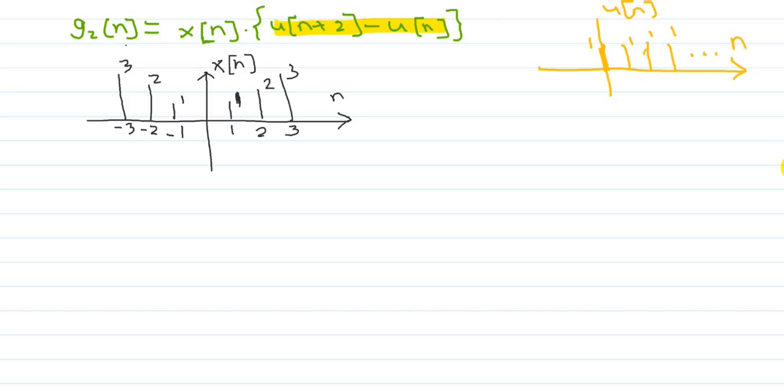Now what we need to do here, first of all, is to find u of n plus 2. U of n plus 2 means I need to shift my signal left by 2. If I shift my signal to the left by 2, the sample at 0 will move to minus 2, the sample at 1 will move to minus 1, the sample at 2 will move to 0, the sample at 3 will move to 1, the sample at 4 will move to 2, like this on the positive side.